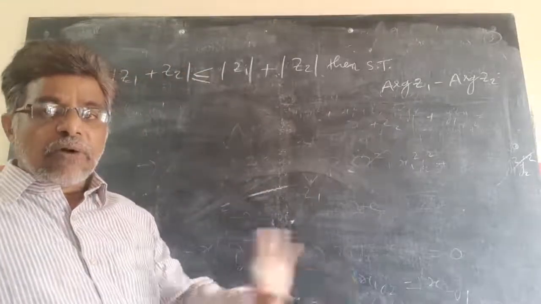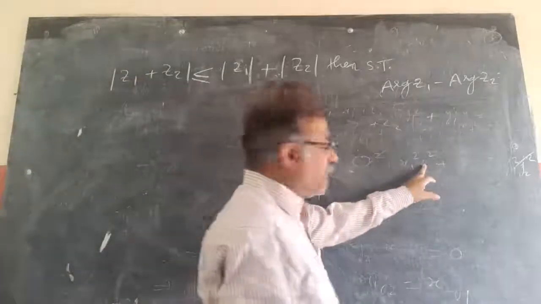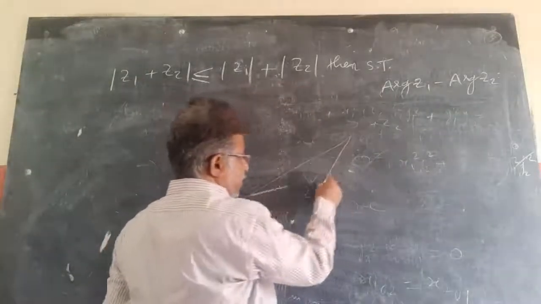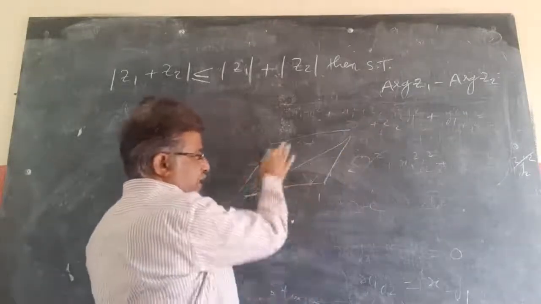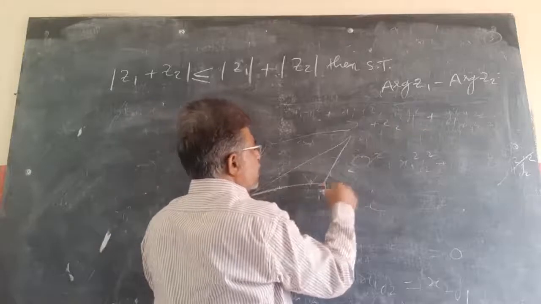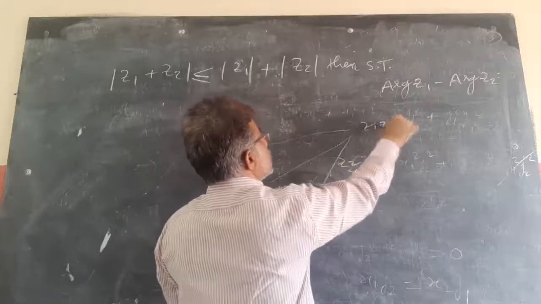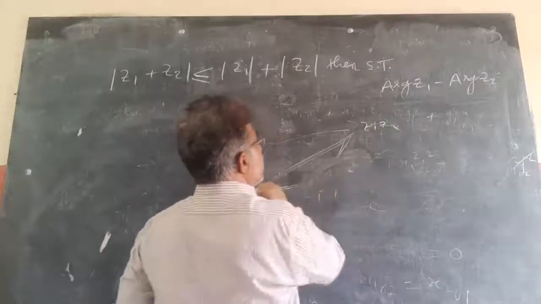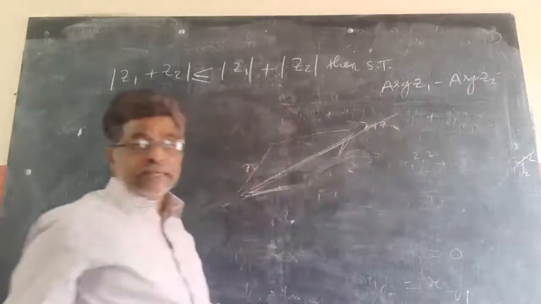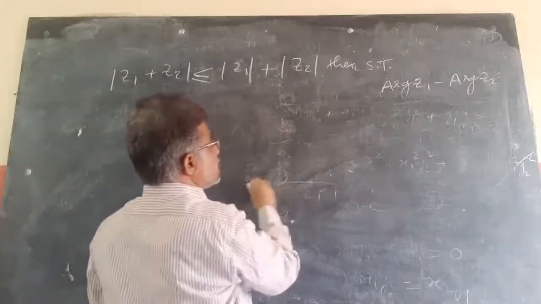The equality holds good only if they are on the same line. Otherwise they form a triangle: this is z1, parallel to this is z2, and this is z1 plus z2. If equal, they must lie on the same line, which means their angle with the x-axis will be the same.